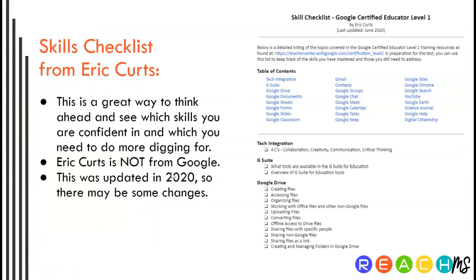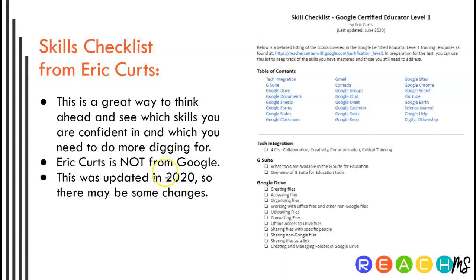Okay, I spoke really quickly about this earlier. This is the skills checklist, and during the live orientation training, I gave the link to this in the chat. But this is also linked for you in this presentation, and this presentation is in our shared Google Drive. So you can get a link to this.